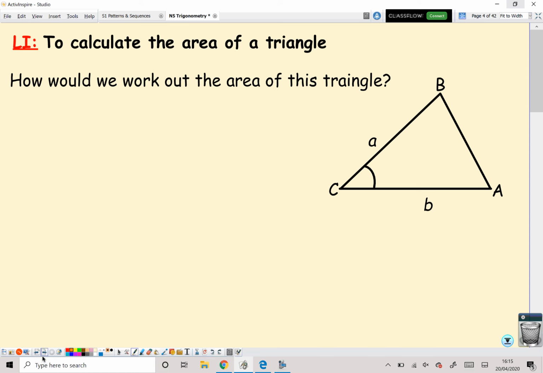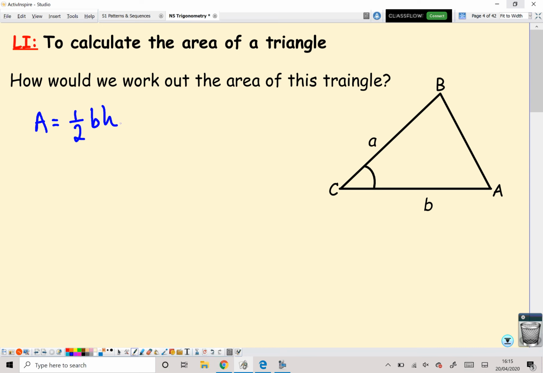So, calculating the area of a triangle using trigonometry, well, it really starts off with what you already know, right? You should already know the formula for calculating the area of a triangle: half base height.